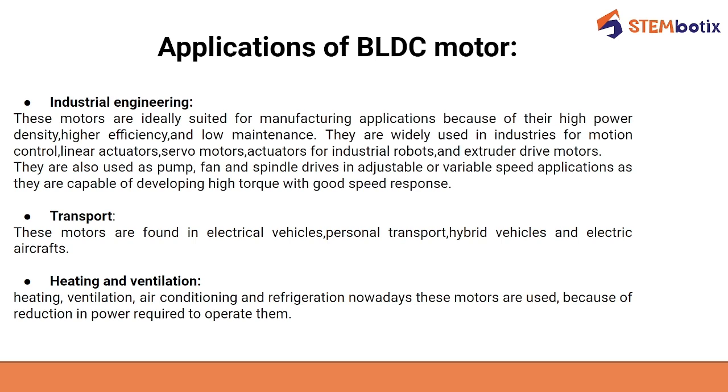Heating and ventilation: nowadays these motors are used in heating, ventilation, air conditioning and refrigeration because of the reduction in power required to operate them. They require less power and hence are used for this purpose.